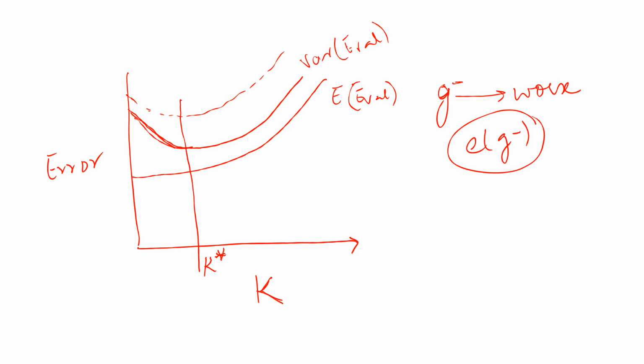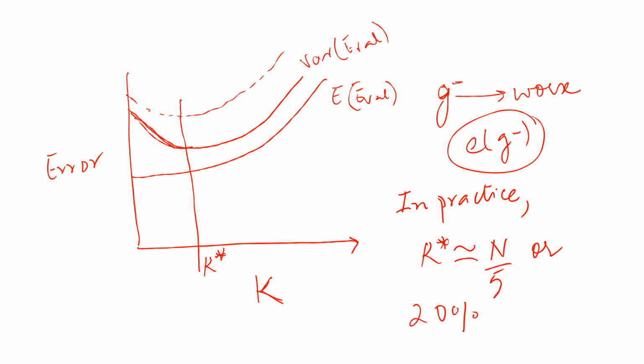Based on this idea, in practice there is a rule of thumb that this k star should essentially be n over 5, or in other words, k should be about 20% of the overall data that you're using for training. This is how we come up with an optimal k, and roughly speaking it's n over 5.